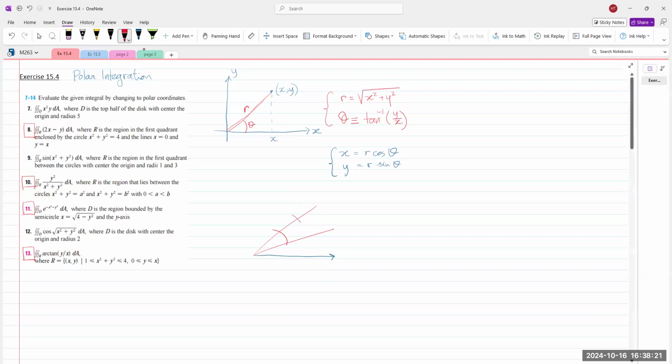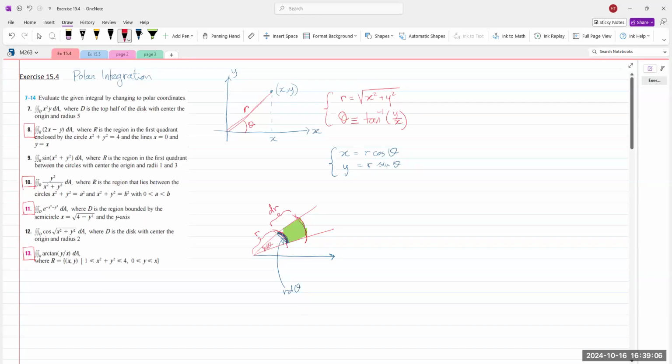What we call a rectangle in polar is something that looks like this, where the area is approximated by the change of the radius, dr, and the length here. The length of that arc is r d theta, where r is the distance from the origin to that arc, and d theta is the change of the angle there.